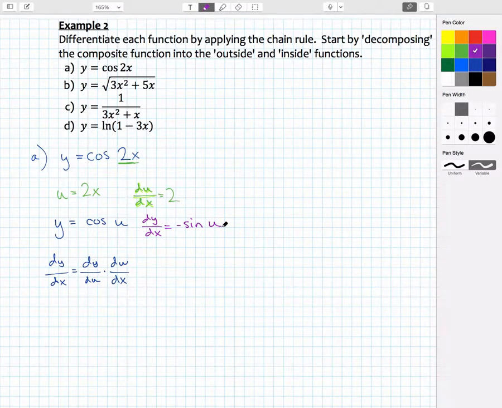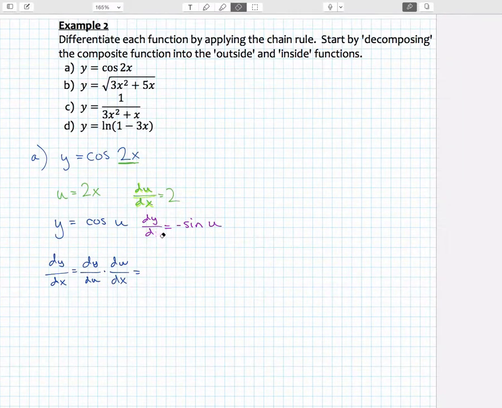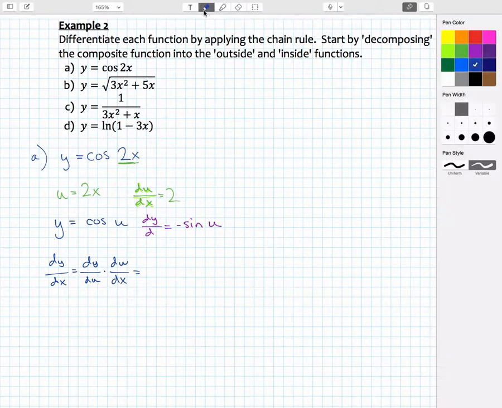And so when we apply the chain rule now, it's just the product of dy. Oops, I've written this wrong. I wrote dy dx. I really want dy du there. So dy du is equal to negative sine u times 2.